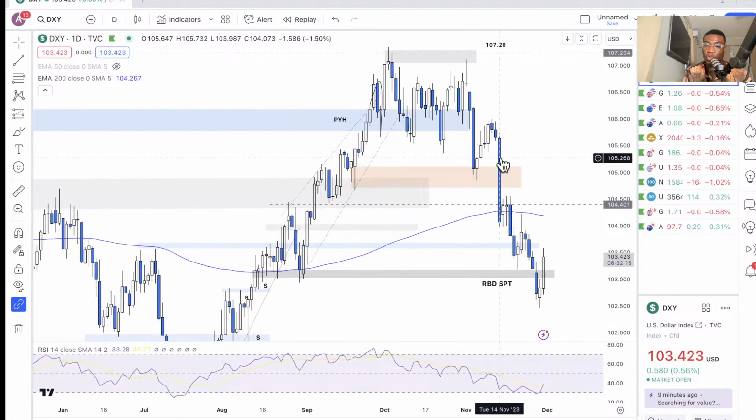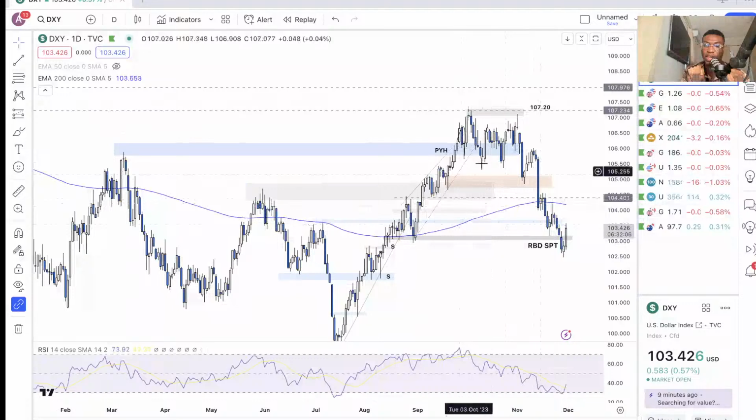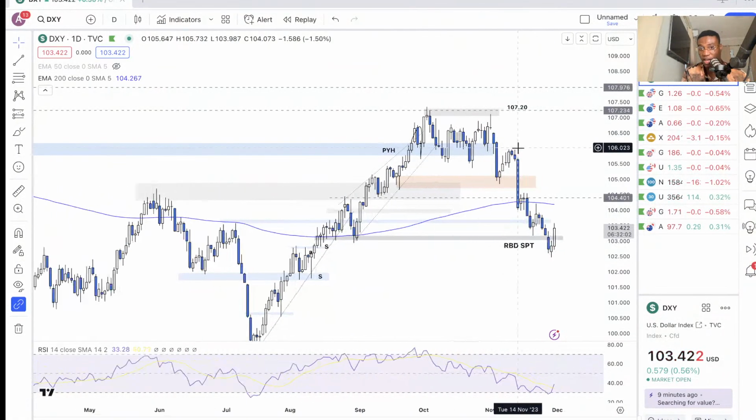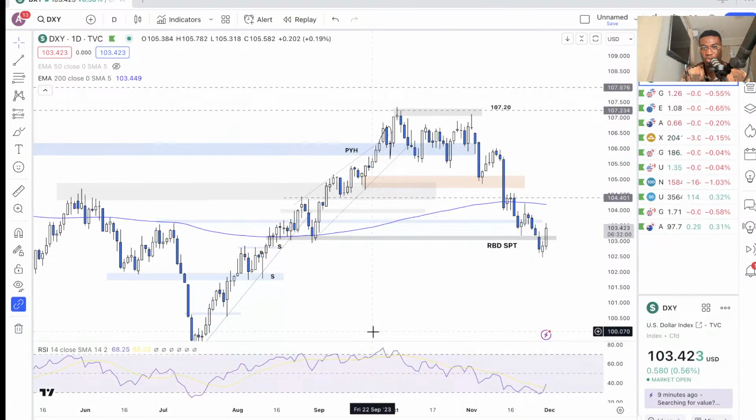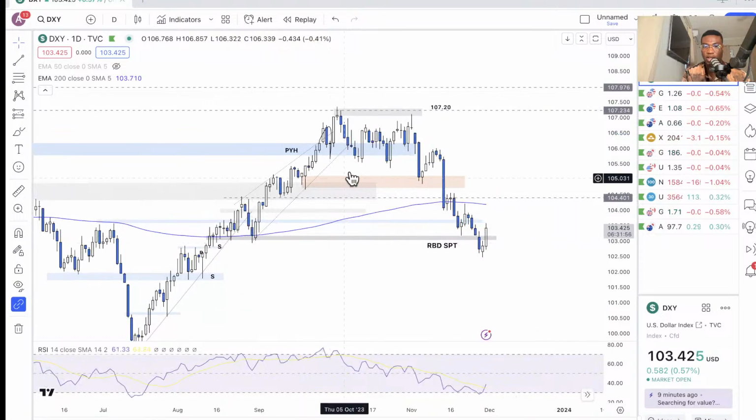Now, if you're a swing trader and you like to keep trades for months, then you wouldn't really be looking at daily or 4-hour time frames, right? But because I'm a day trader, I'm not going to go all the way back to what happened 10 months ago. I'm focusing on recent price action.